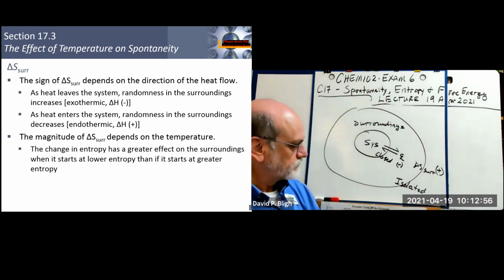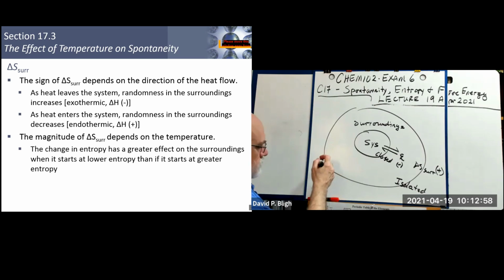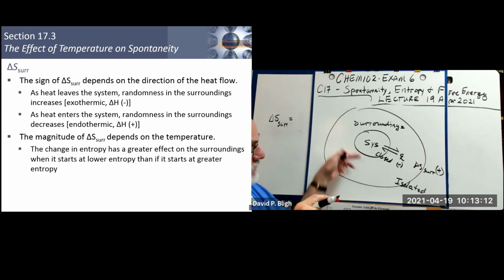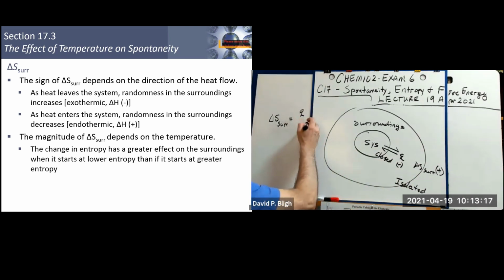In other words, delta S for the surroundings is proportional to the heat transfer, right? It increases directly as the heat transfer, but it's inversely proportional to the temperature.